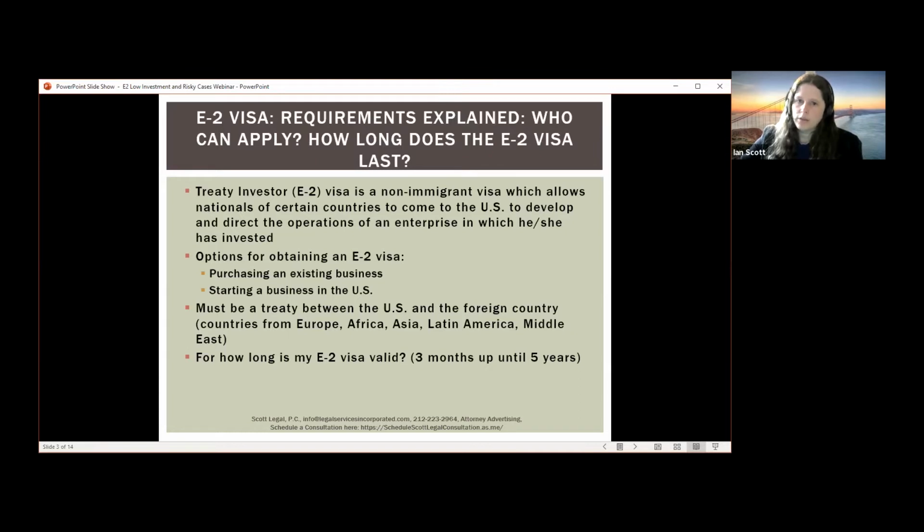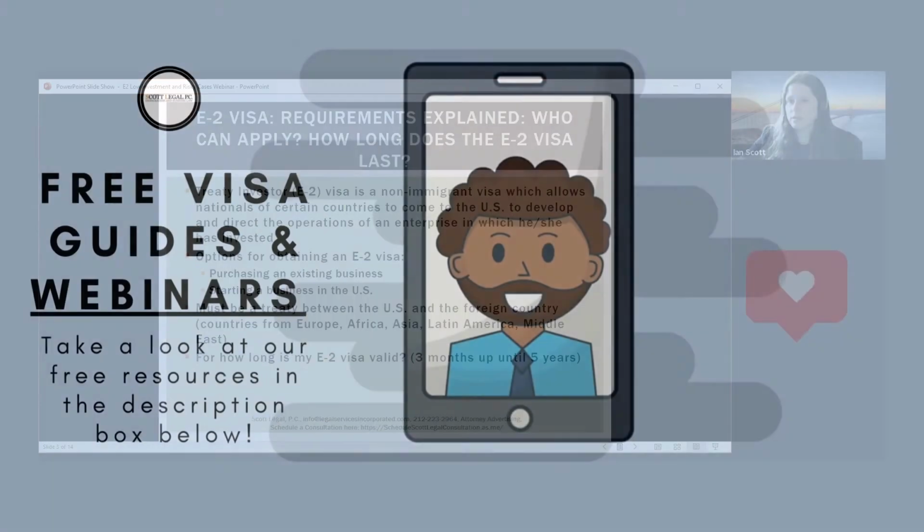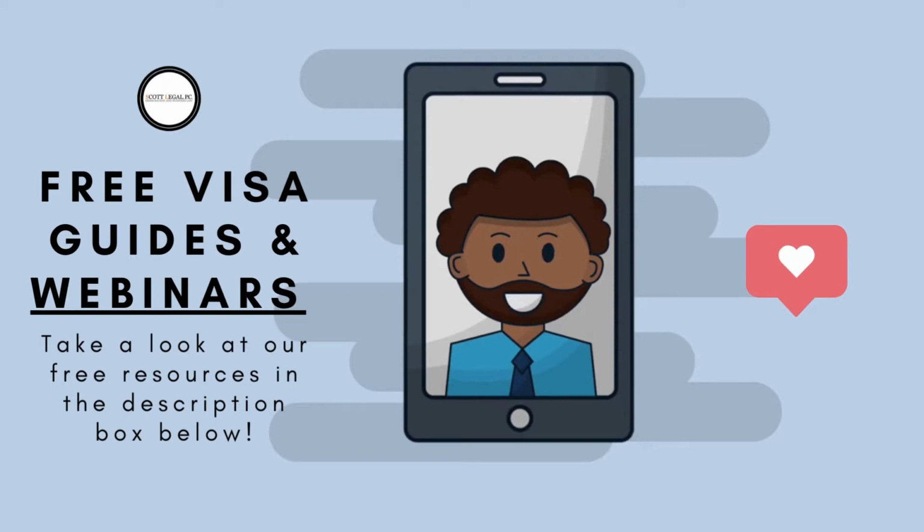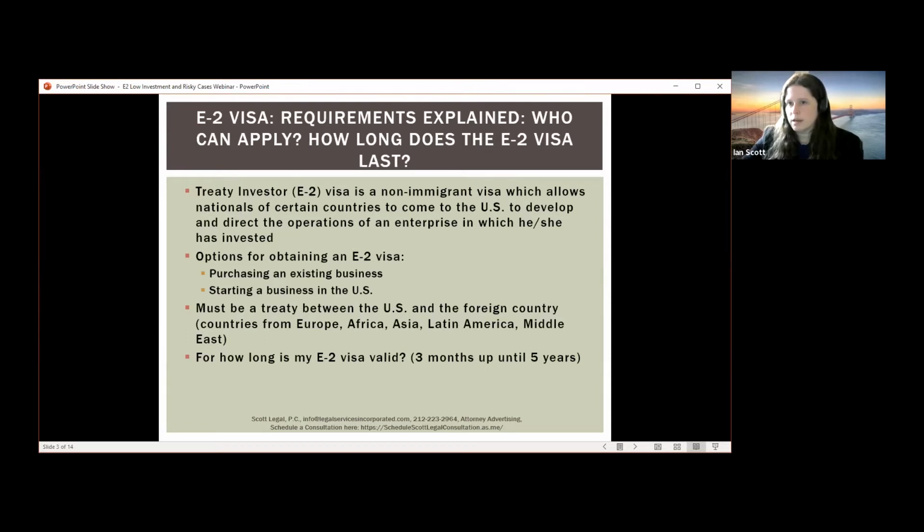In terms of how long the visa can be granted for, visas can be granted for anywhere from 3 months up to 5 years. The length of time that it will be granted for is dependent on something called a reciprocity schedule. So it's largely based on the amount of time that the other country also provides to U.S. citizens going for a similar type of visa.